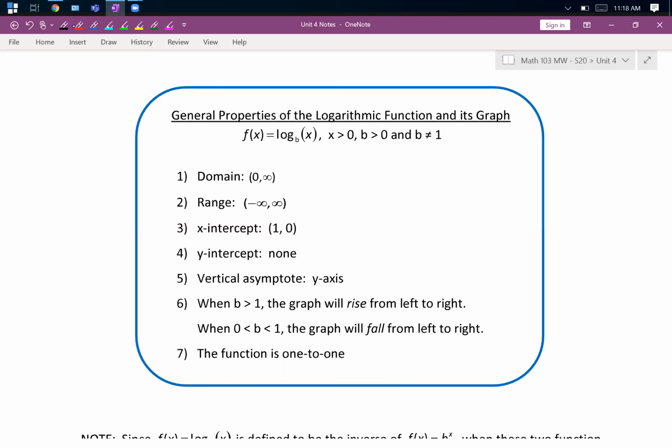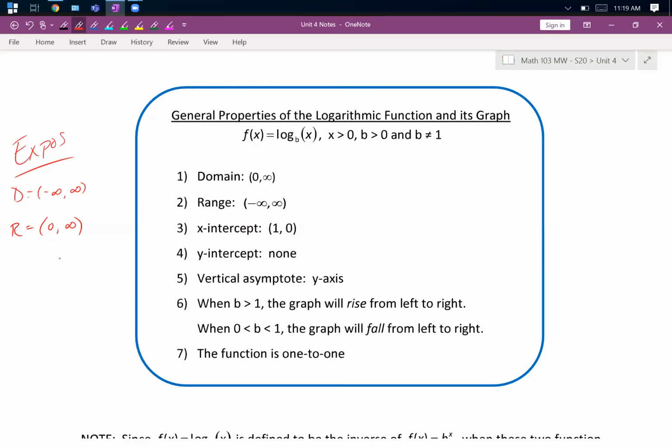If you think back to our properties for exponentials, the domain for the exponential was all reals, while the range was 0 to infinity. Recall that with inverse functions, the domain and the range switch, and you'll notice that that's happening right here between the exponential functions and the logarithmic function.